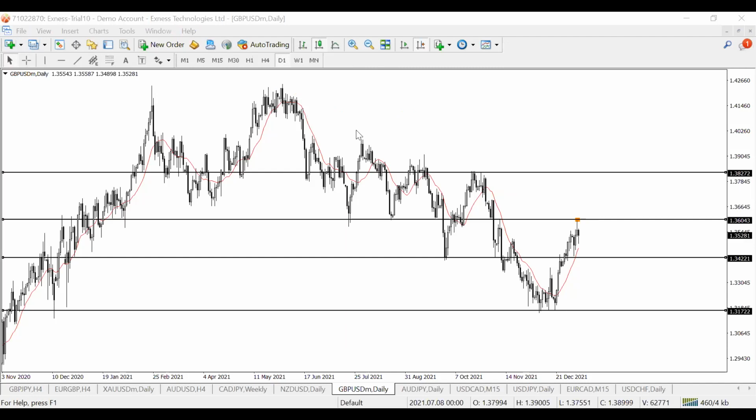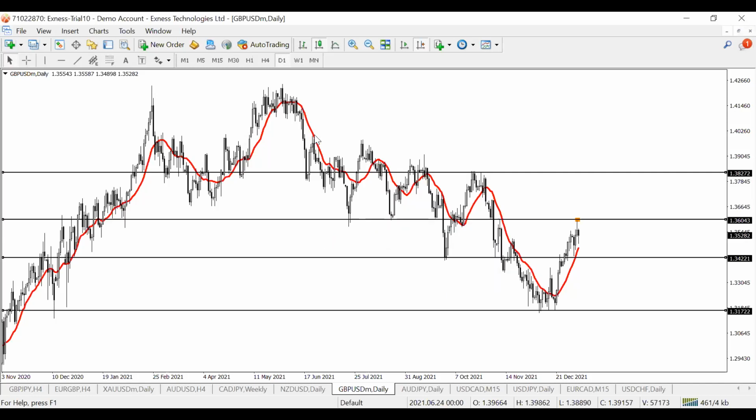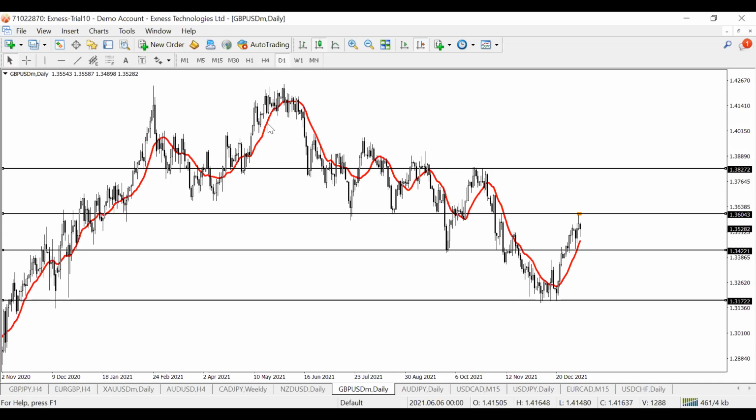Can you see this red line on this chart? Let me make it thicker. Now this line is what they call moving averages, which serve as dynamic support and resistance. Many traders use it to complement their support and resistance level.